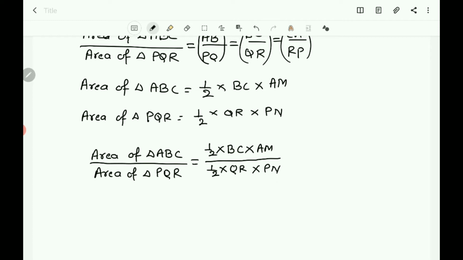Now here half cancels. What are you going to get? That is BC into AM by QR into PN here. So you consider this as the first ratio you got in terms of the product, BC into AM by QR into PN.